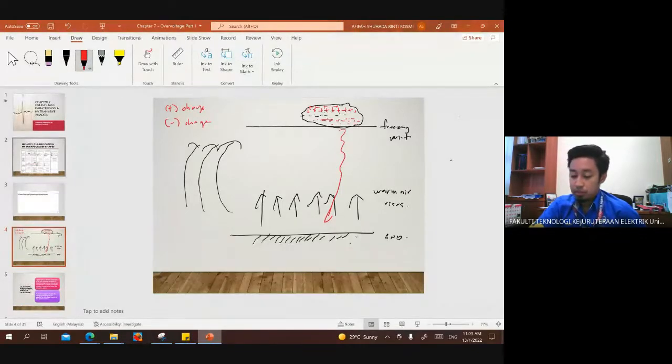Okay. However, before the start of the short duration of discharge like a lightning here, it cannot directly produce lightning because there is air resistance here.